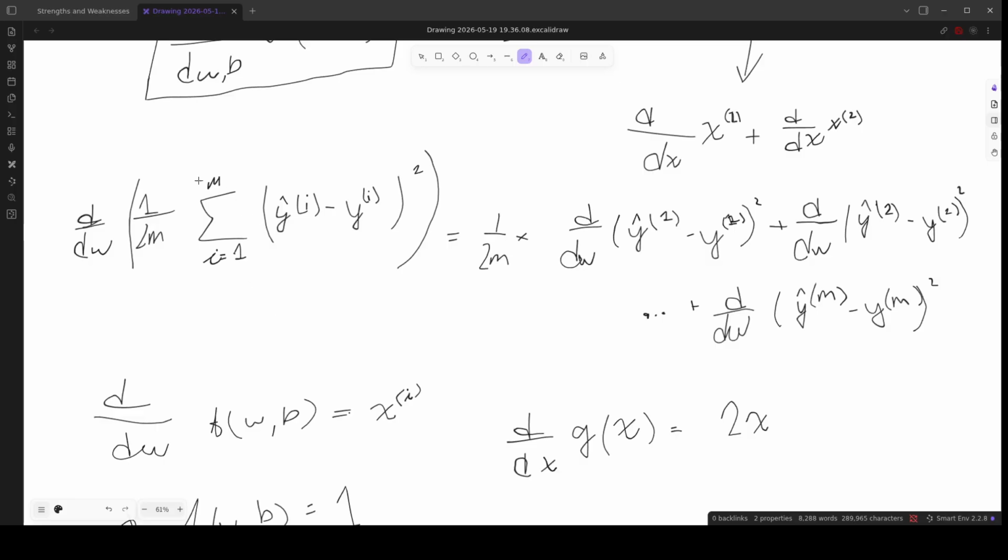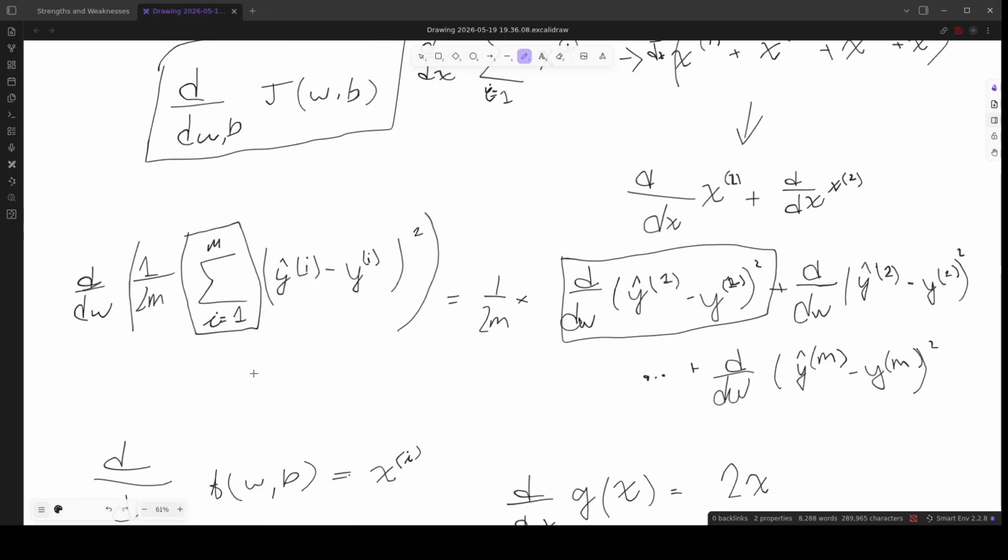But you might be asking, how do we find the derivative of this sum term right here? So using the sum rule, we can deduce that the derivative will be equal to the derivative of each term added together. It will be the derivative of the first term plus the derivative of the second term till the derivative of the last term, right?